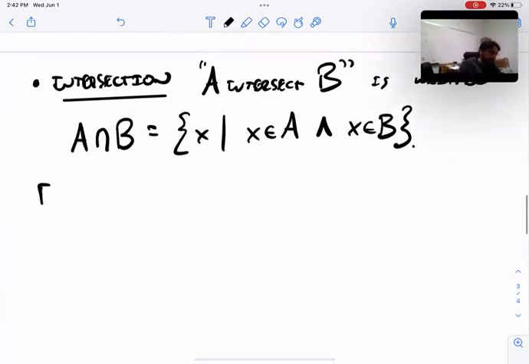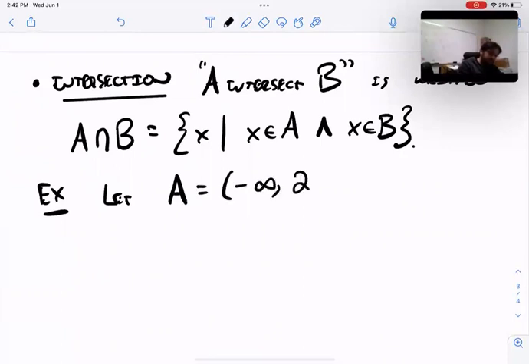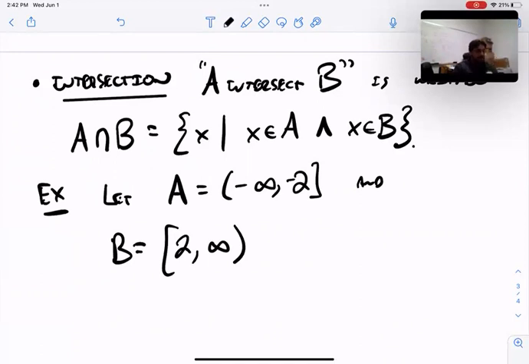So, for example, I could take A to be the same set that we just had, the interval from -∞ to -2, and B to be the interval from 2 to infinity.